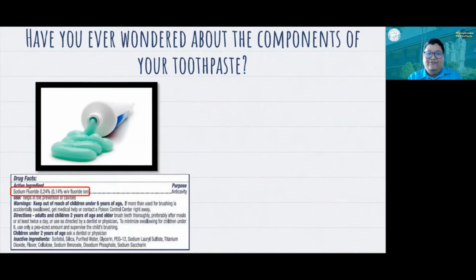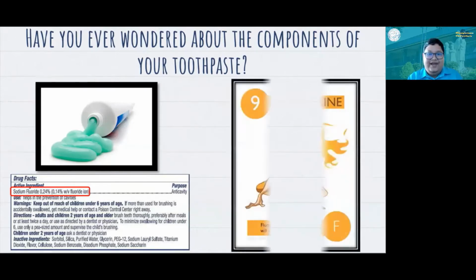And did you know that fluoride is created when the salts from the element fluorine combine with minerals in soil or rocks? So therefore, it is a component of your toothpaste, and fluoride is made up or is created from fluorine as the base element. However, did you know that fluorine is a very toxic element?